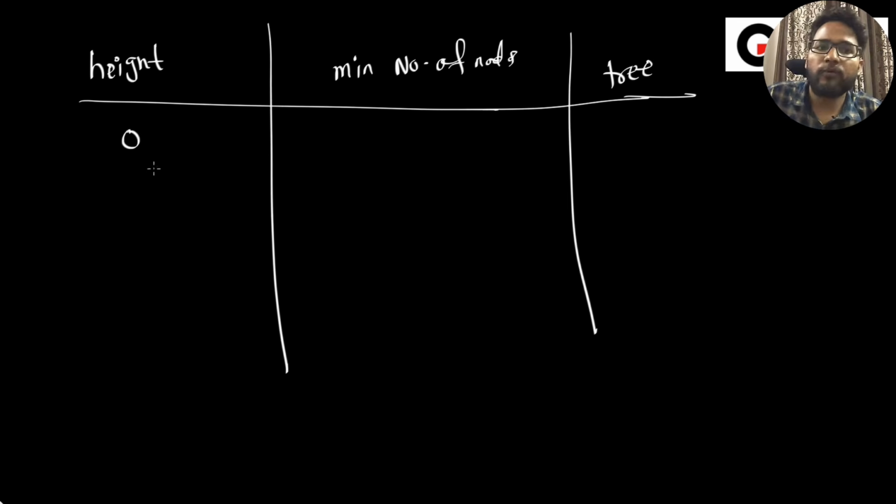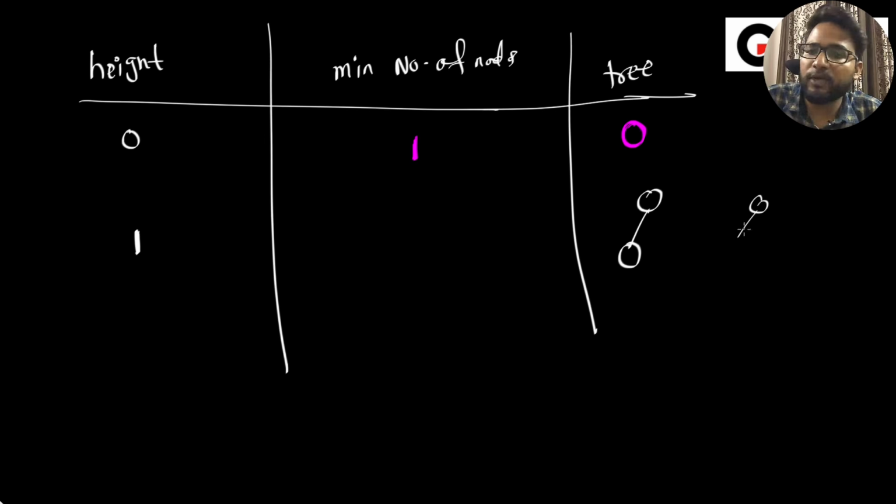If you want height 0, the minimum number of nodes is obviously 1, and the tree will look like this, right? If you want height 1, then the tree could be something like this. Earlier the tree was different because we wanted the maximum number of nodes, but here the minimum number of nodes is just 2, and this is a perfectly valid AVL tree.